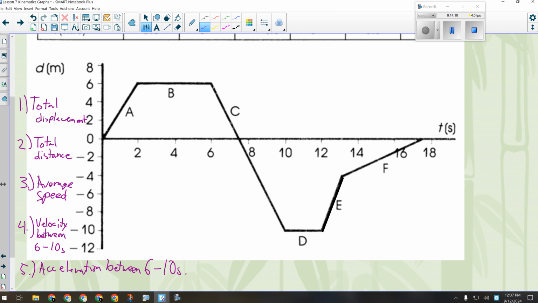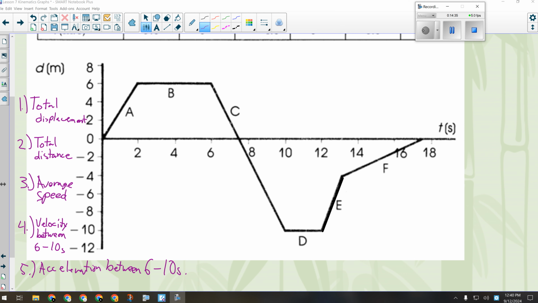I'm going to give you a few minutes to see if you remember from Science 10 how you would do these things. I asked my Science 10s to do all 5 of these things on their physics unit exam. So a whole bunch of you, I know you know how to do it because I've seen you do it. All right, I'll give you a few minutes.